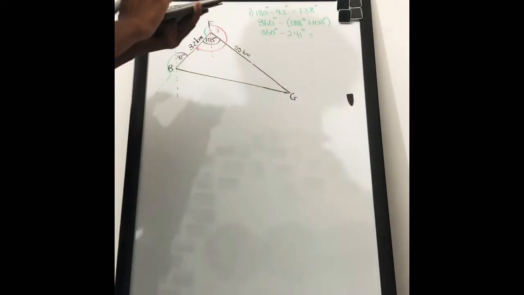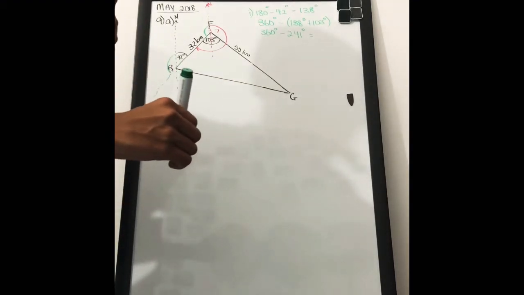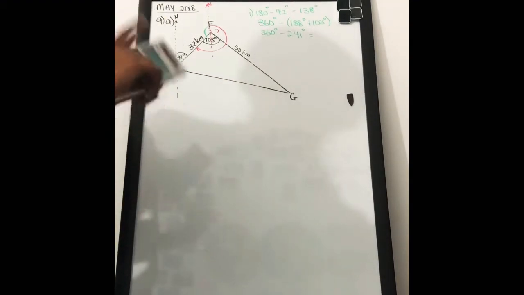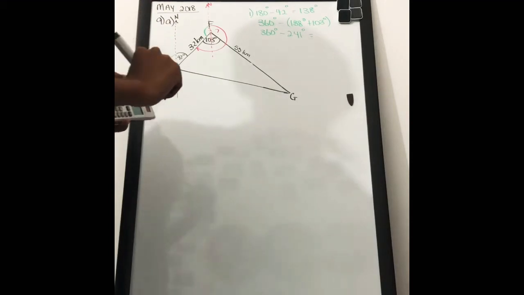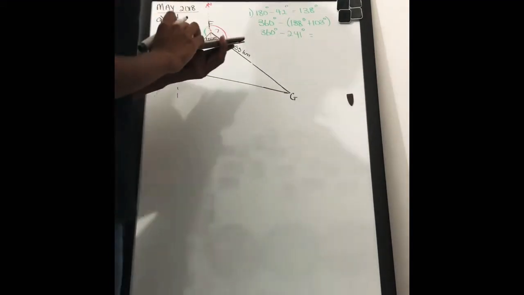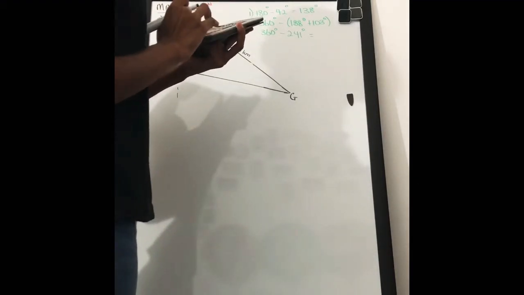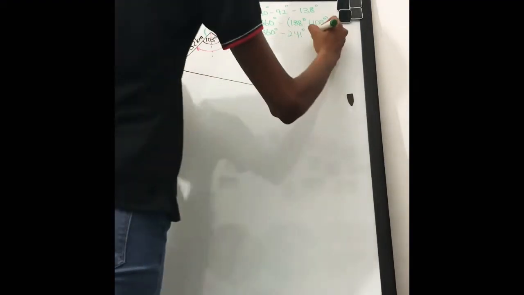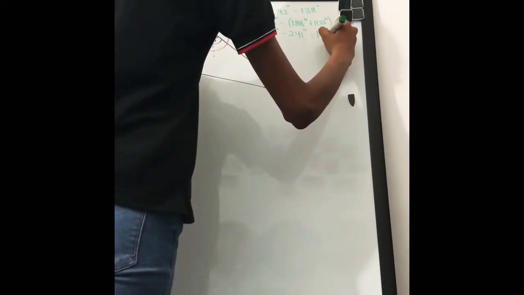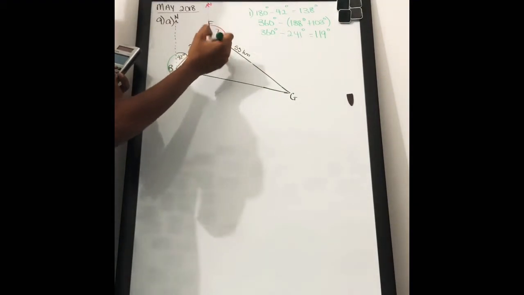So when we subtract there, 360 minus 241, we get 119. They want the bearing of B from F.